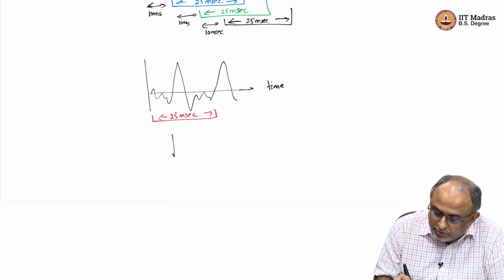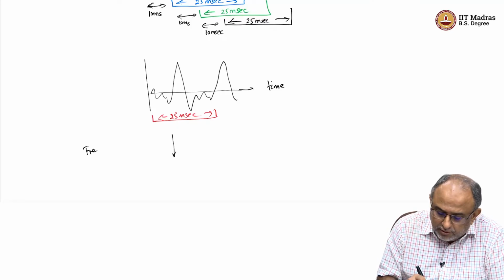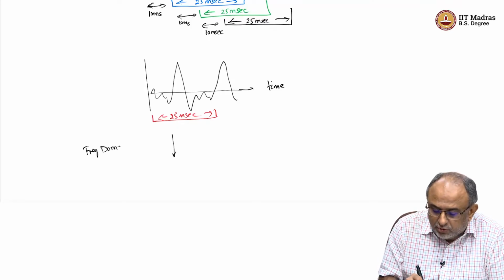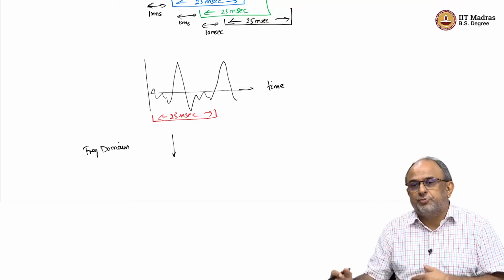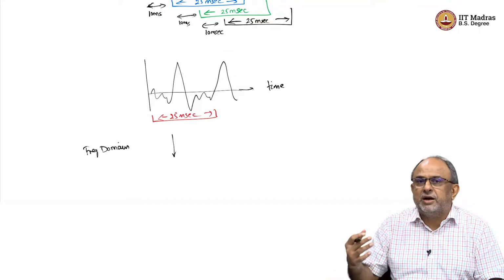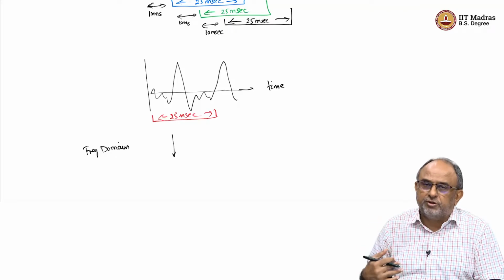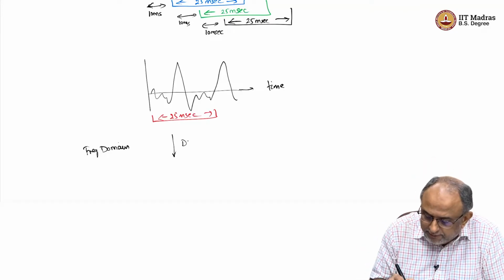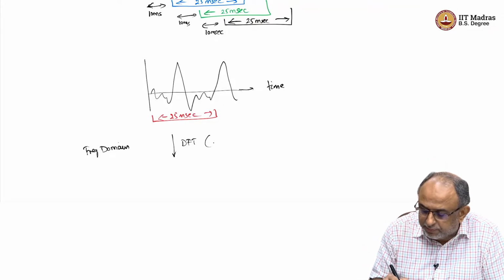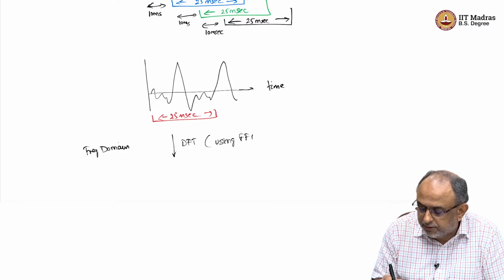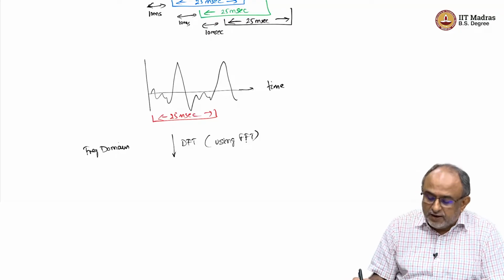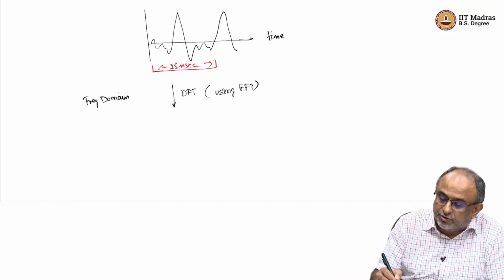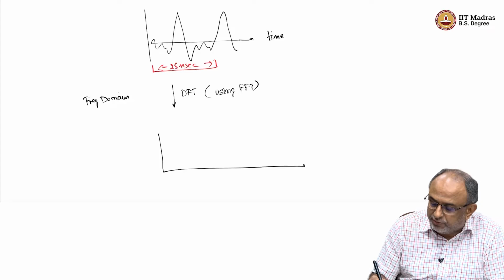So, I go into the frequency domain, and for doing that, we need to do a Fourier transform, basically some kind of a transform to go into the frequency domain. So, we use DFT, and typically this is implemented using a fast Fourier transform algorithm. After that, we come into the frequency domain.